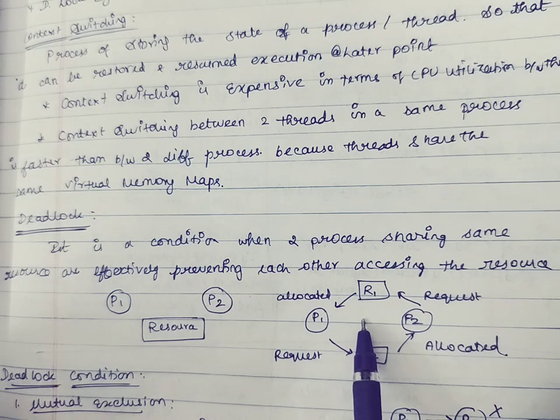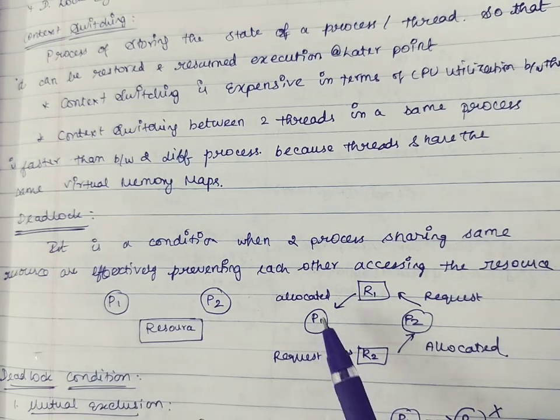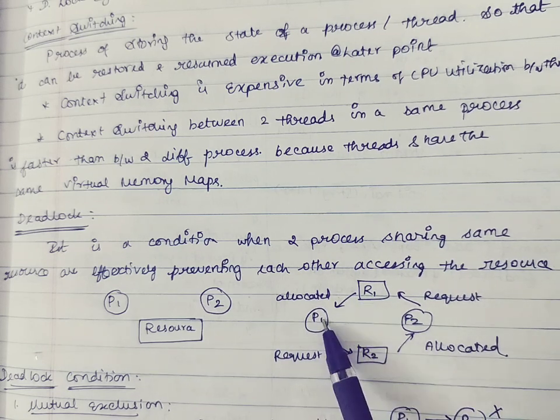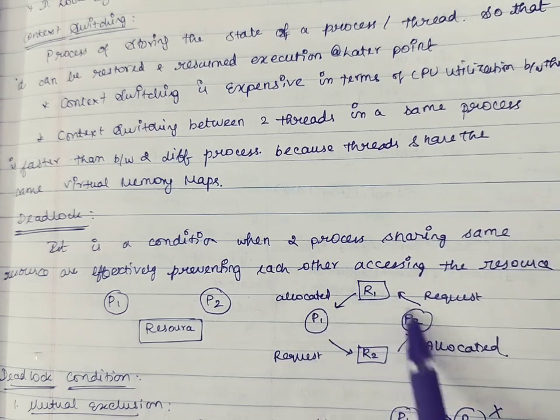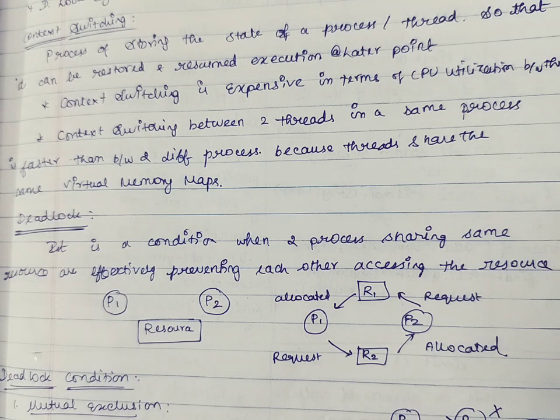P2 holds resource R2 and also waits for R1 to be released by P1. That's how 2 processes sharing the same resources get stuck.